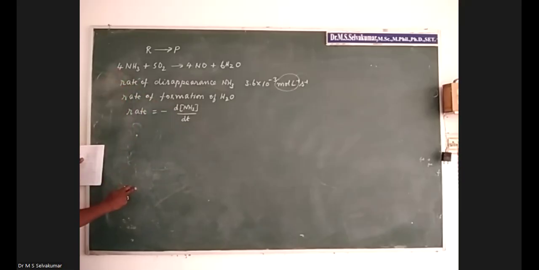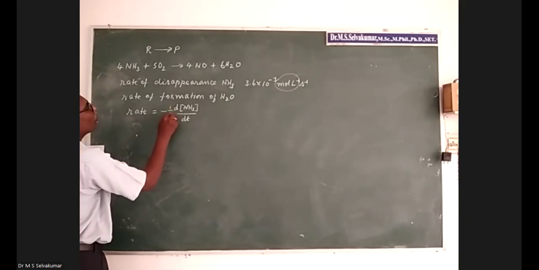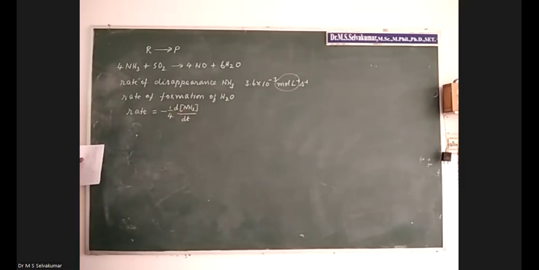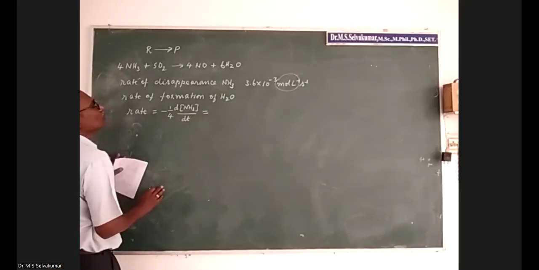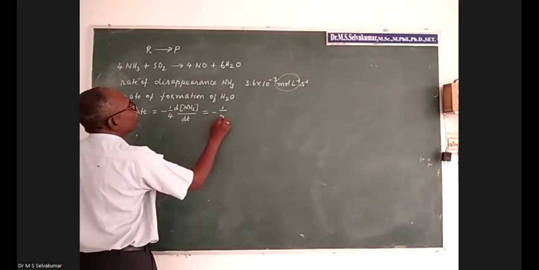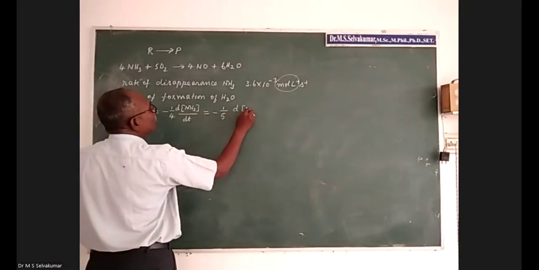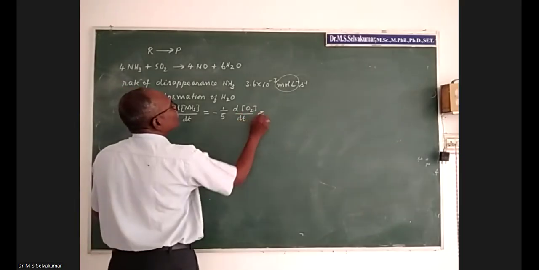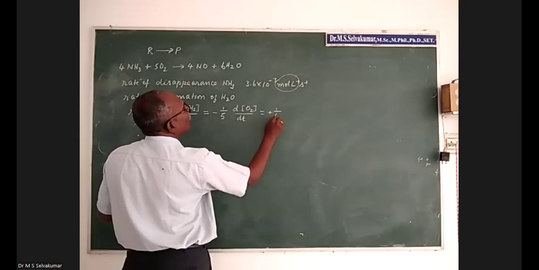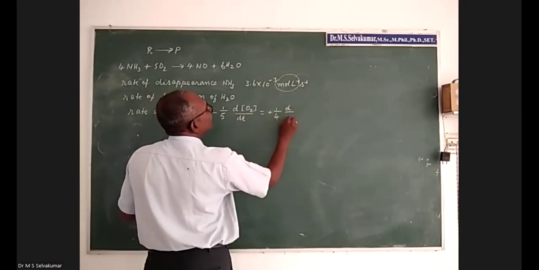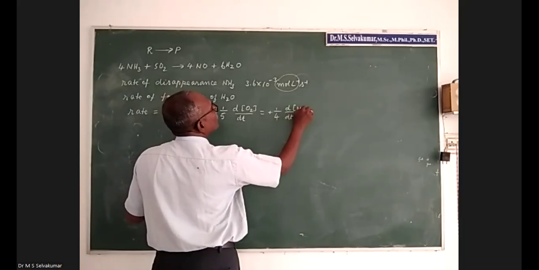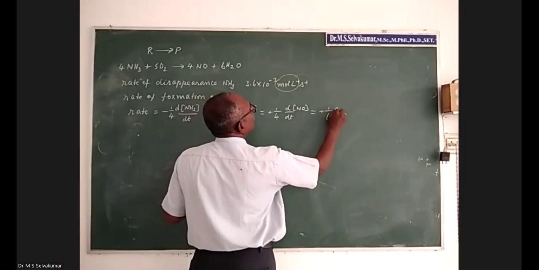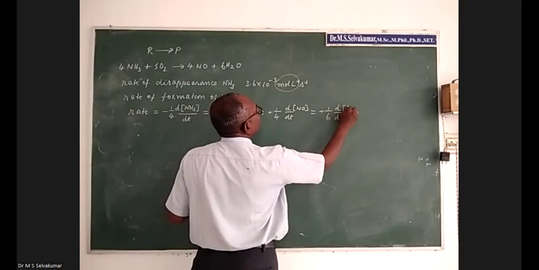So it is minus 1 by 4 d by dt of ammonia concentration, equal to minus 1 by 5 d by dt of oxygen concentration, equal to plus 1 by 4 d by dt of NO concentration, equal to plus 1 by 6 d by dt of water concentration.